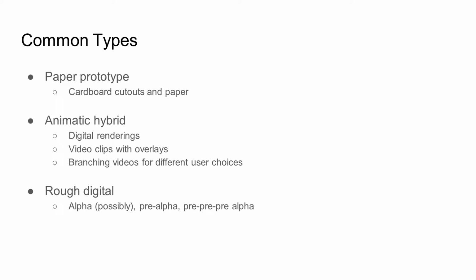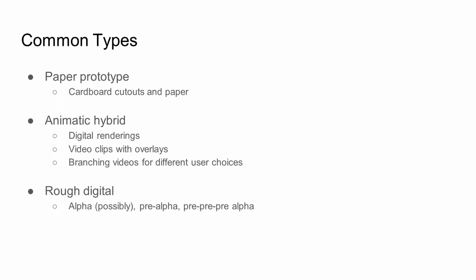Another type I've seen, which really is more appropriate for visualizations rather than actual prototypes, because it really limits your interaction, the way I would describe it is an animatic hybrid. This is where you would take pre-made assets.